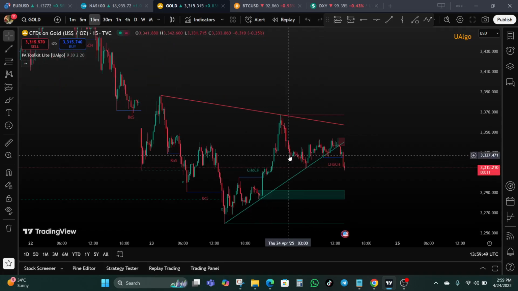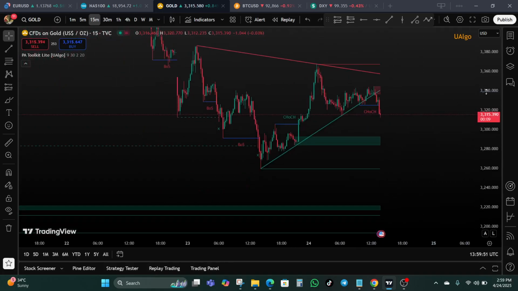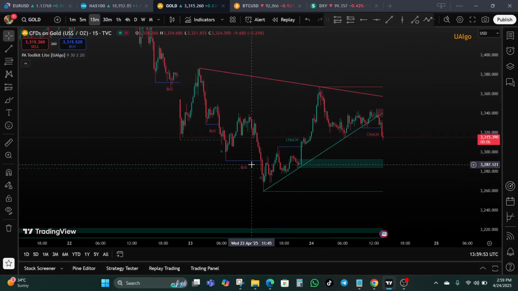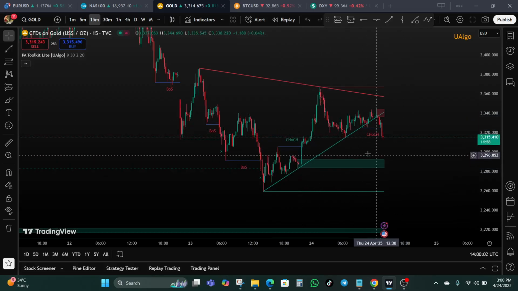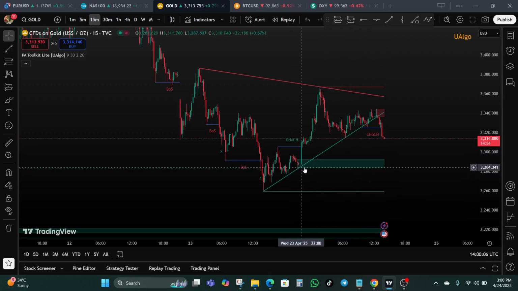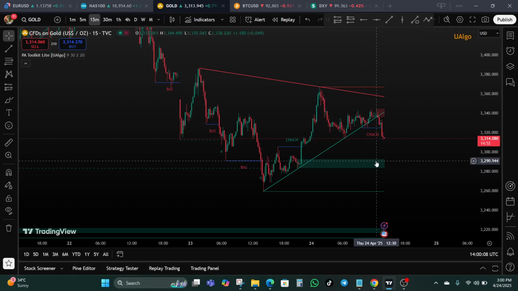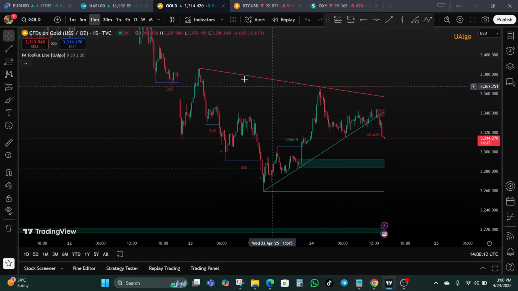This is like an SMC indicator. When you have a breakout, a break of structure or a change of character, this indicator automatically identifies it for you and helps you identify the origin, the order block zone. You can see it highlights the order block zone for you, and even helps you draw dynamic support and resistance in the form of trend lines.